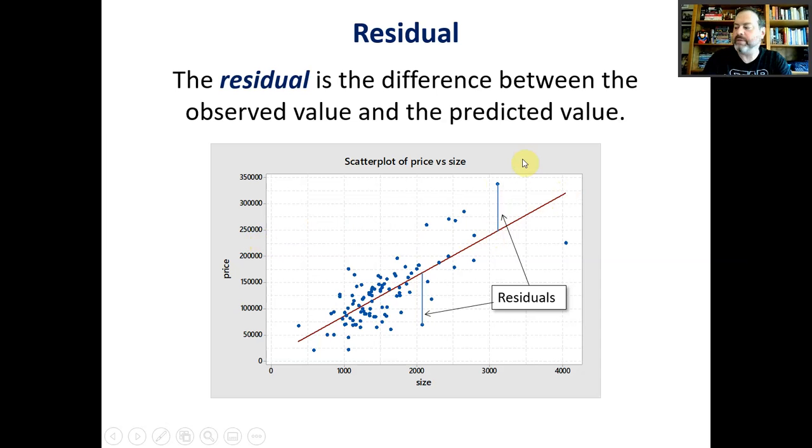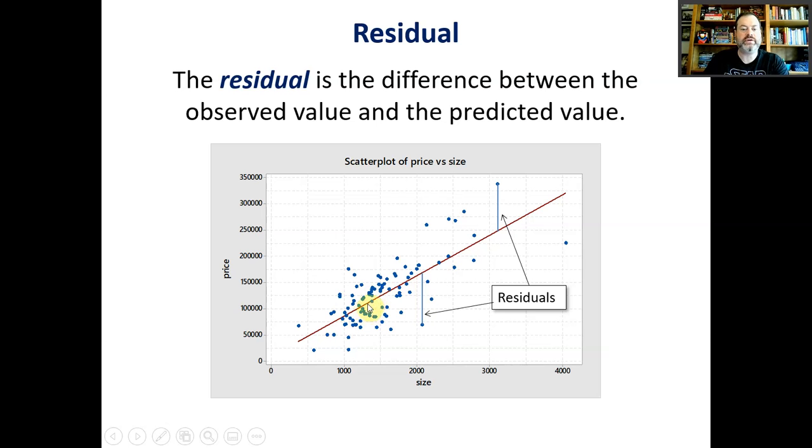So what you have to think about then is, if we're using these graphs to make predictions, we need to be able to determine, are the predictions good or bad? Are they accurate or not accurate? You can see for the vast majority of houses, this regression line would be a very good estimate.